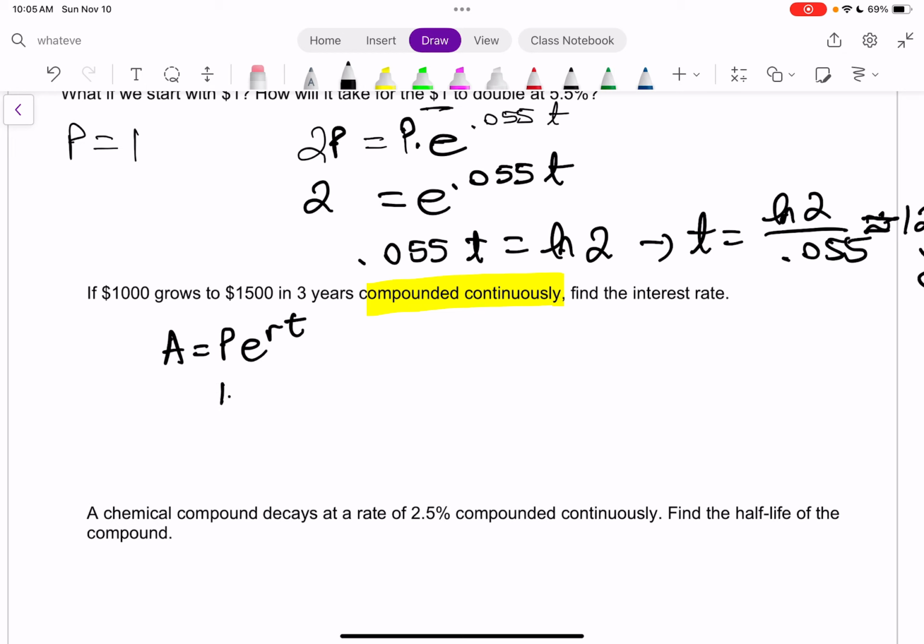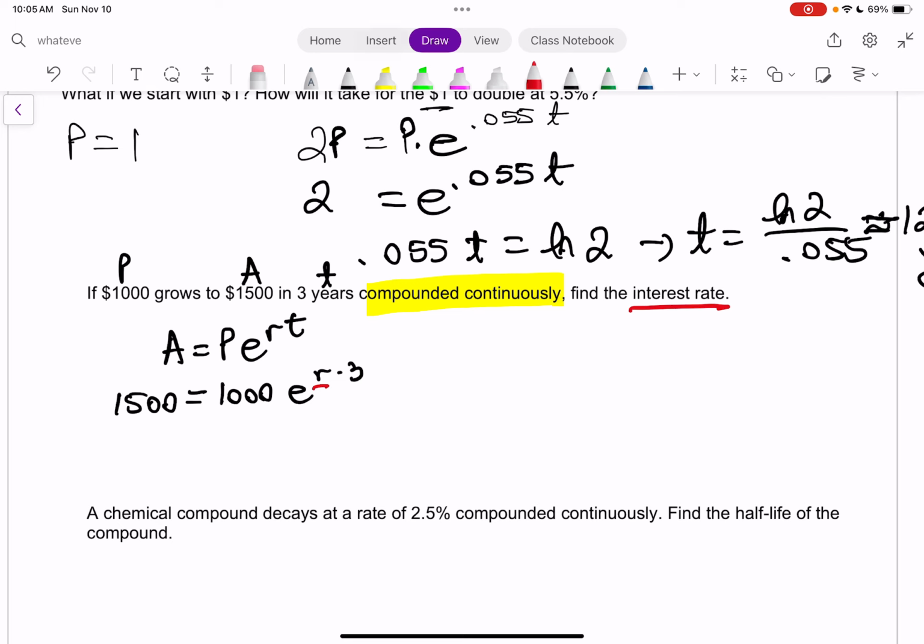We know that we're starting with 1,000. We know we're going to end up with 1,500. So that's P, that's A. 3 years, so that's time. And so what we need to do is find the interest rate. So R is what's missing this time.